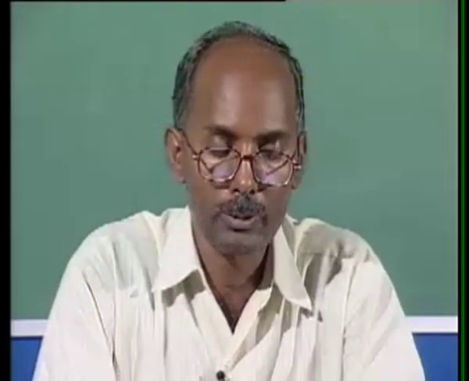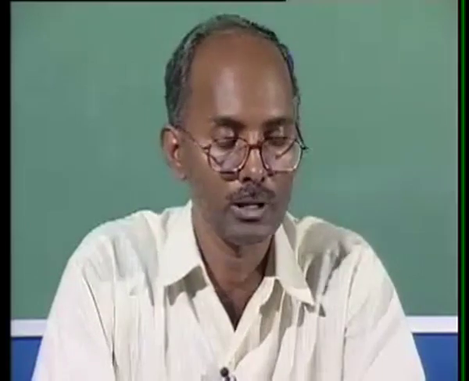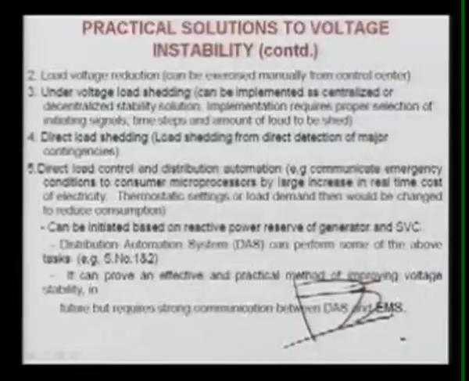In the generation end, I already discussed that we can improve the reactive power settings, using optimal setting of the reactive power outputs of generators along with FACTS controllers. Also we can put static VAR compensators or FACTS controllers in the transmission system, which will improve your voltage stability margin.